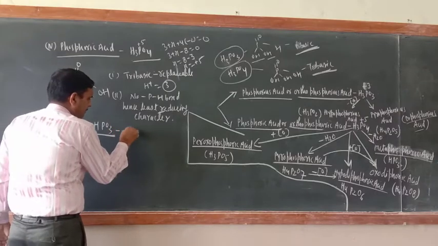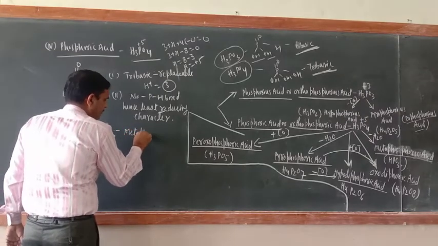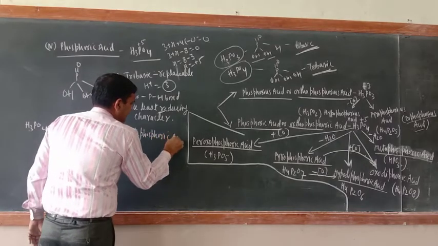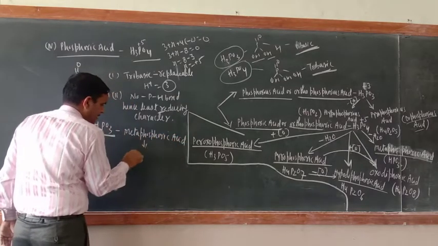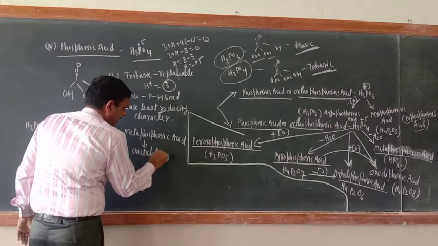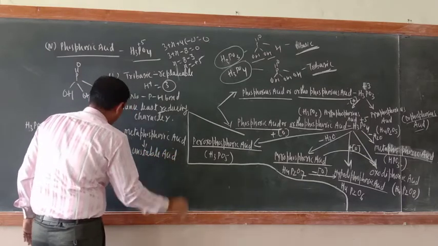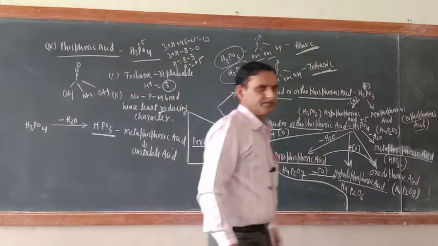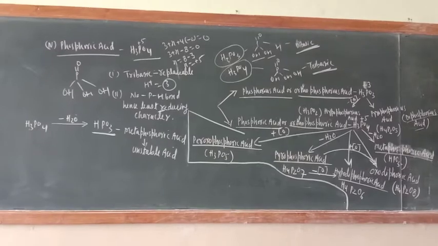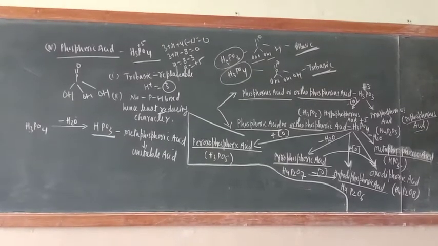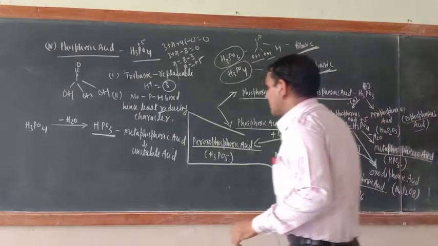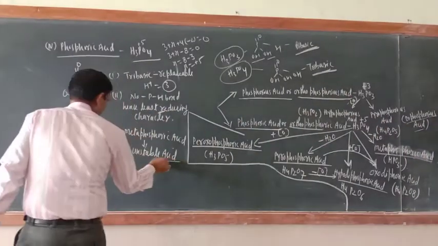What is this one? Metaphosphoric acid. This is an unstable acid. Just try to understand, this is an unstable acid.